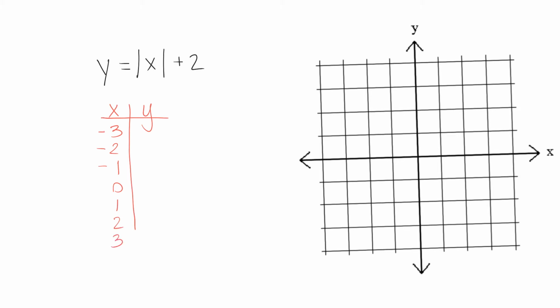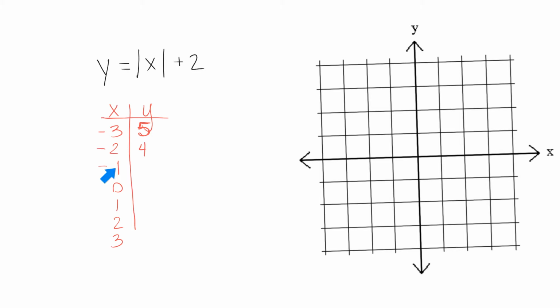Okay, so the absolute value of -3 is 3. 3 plus 2 is 5. The absolute value of -2 is 2. 2 plus 2 is 4.